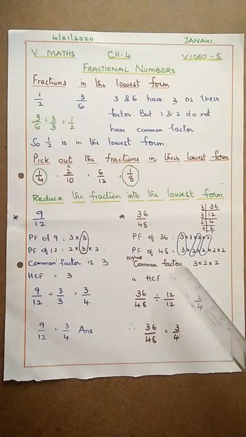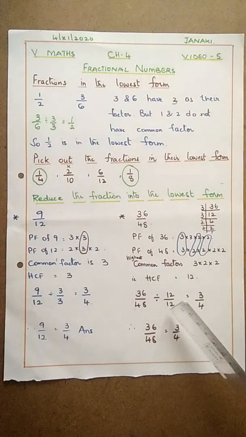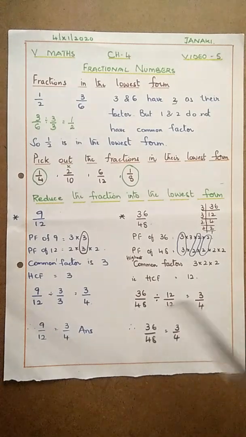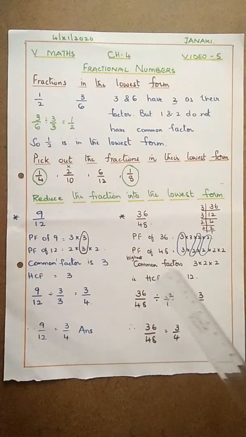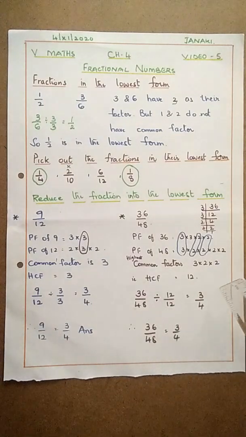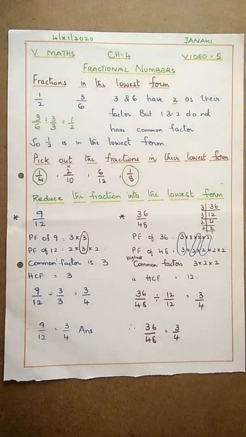In the numerator 12 goes 3 times, in the denominator 12 goes 4 times in 48. So, 36 by 48 is reduced to 3 by 4. Now, we have written it in the lowest form, also called the standard form. This way you have to do the sums that will be given to you as homework. Do neatly, do these two sums also and learn thoroughly.